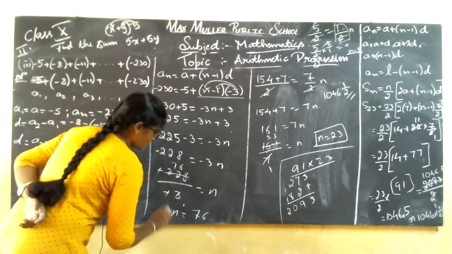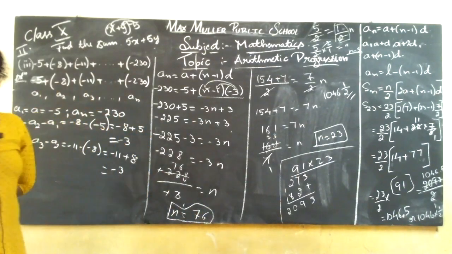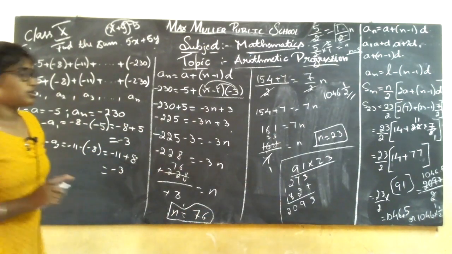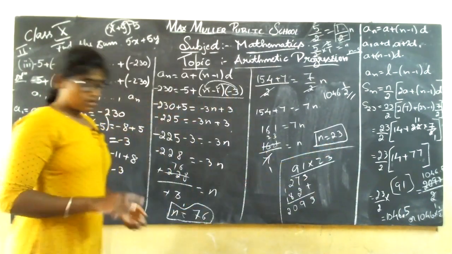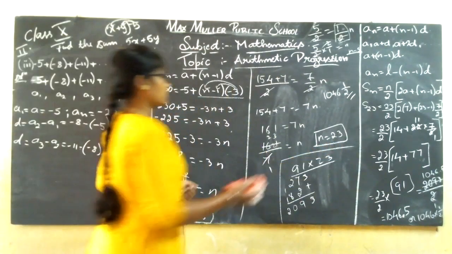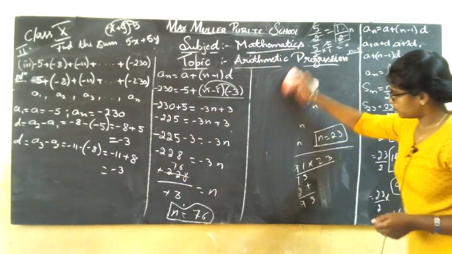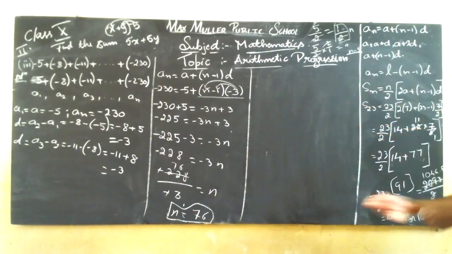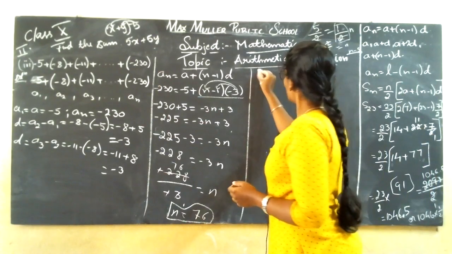It is 76. So now you are going to find the sum of 76 terms. Here in the first sum you found out for 23 terms. Here you are going to find it for 76 terms. So what is the formula of Sn?